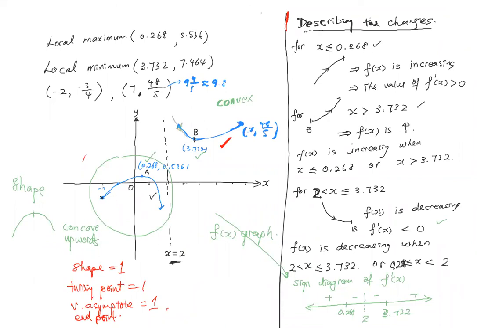When you look at the graph, you want to know whether the function is increasing or decreasing. You always move from left to right, from the smaller value of x to the bigger value of x. You see this part, isn't it going down? Always go from left to right.